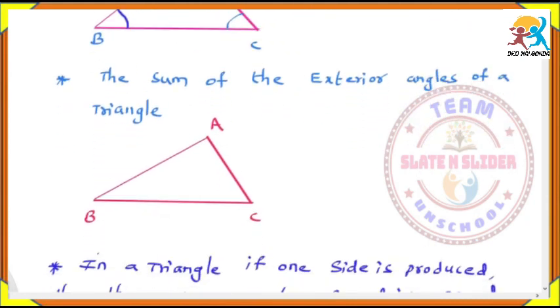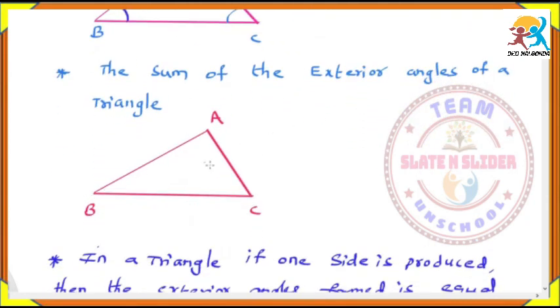After that, draw one more triangle like this and just produce the three sides. So I want to produce the side BC like this. Here one exterior angle is formed. This is the exterior angle for side BC, and extend side AC upwards.